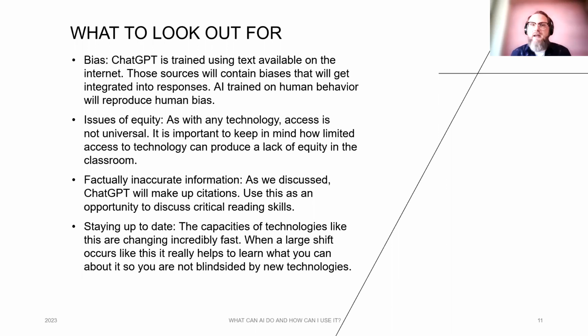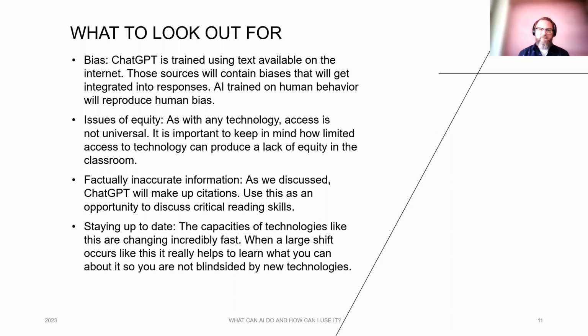There's been a lot of work to try and rein that in, but it's still going to be there. Whenever humans have biases, whatever we create will have biases too. So we need to keep an eye out for that as you're working with it, and be especially cautious about things that could potentially hurt a certain demographic.